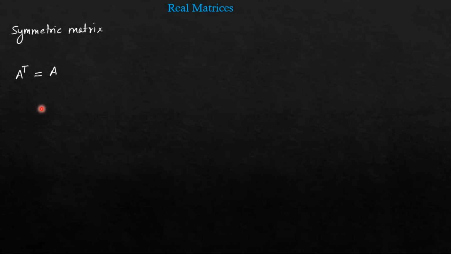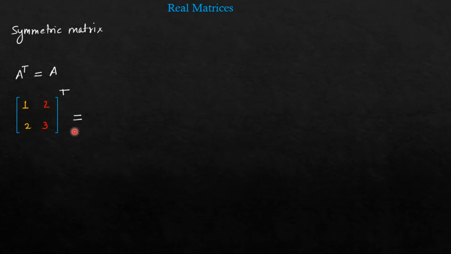Let me take an example. Suppose we have a matrix whose elements are 1, 2, 2, 3. Here the diagonal elements are 1 and 3. Above the diagonal there is a 2, and below the diagonal, you can see above and below both are the same, that is 2.